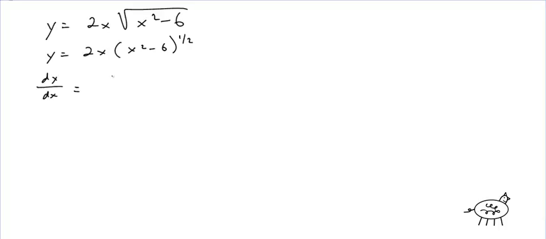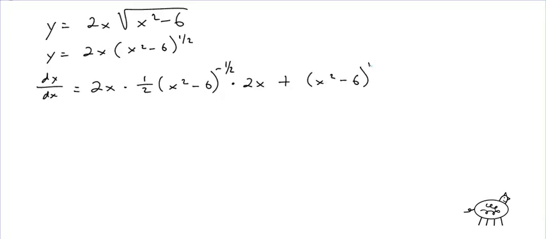We're going to do the first times the derivative of the second. Of course we're doing the chain rule, so it's times 1/2 (x squared minus 6) to the negative 1/2, times the inside, which is 2x. So it's the first times the derivative of the second, plus the second times the derivative of the first, which is just 2.